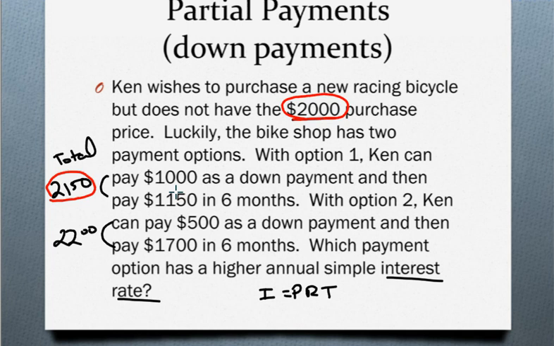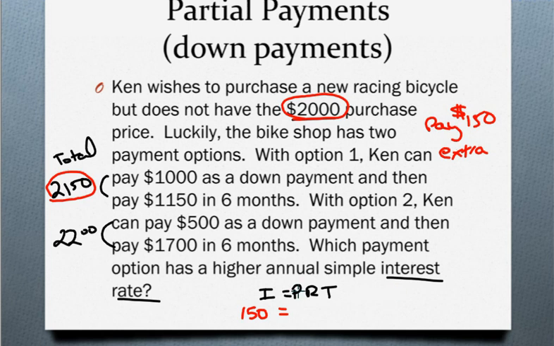Remember, interest is the extra money that you're paying. The bike technically only costs $2,000, but when you add up all of his payments, he's paying $2,150. That means he's paying $150 extra. And what do we call the extra money? We call it interest. So 150 is the interest.